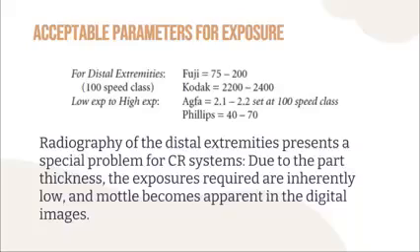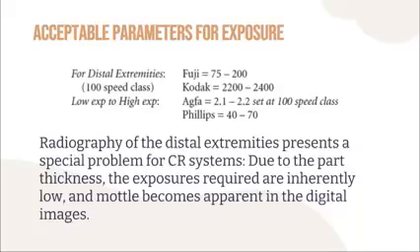Also, it is important to note that these values apply to DR since all procedures are done with the grid in place, including all extremities. So these acceptable parameters for exposures at distal extremities are applicable not only for CR but also to DR. The grid requires higher techniques to be used, and generally sufficient signal reaches the receptor to obviate the need to specify a different range of exposure parameters.